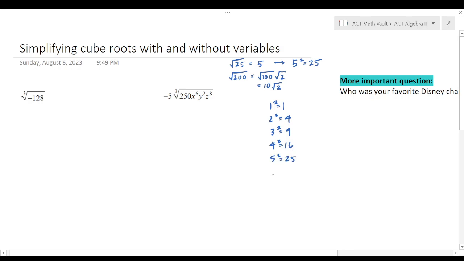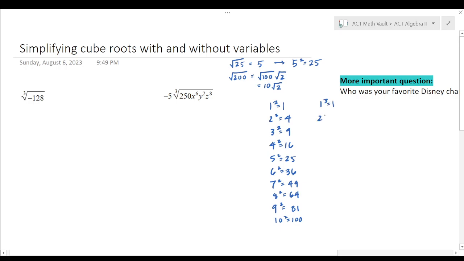It's probably a good idea to go all the way to 10, even up to 100. It could go even higher too, but because we're doing cubes, we are going to write those out.